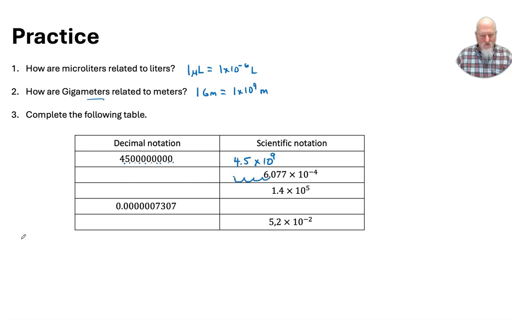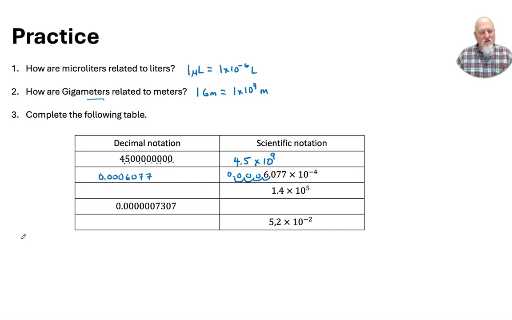And our decimal is going to go right there. So I'm going to put a 0 in front. 0, 0, 0, 6077. So we're going to have 0.0006077. That is how we would write that number in decimal notation.